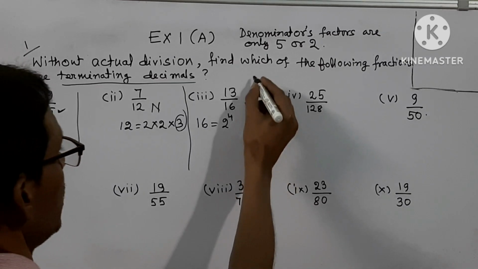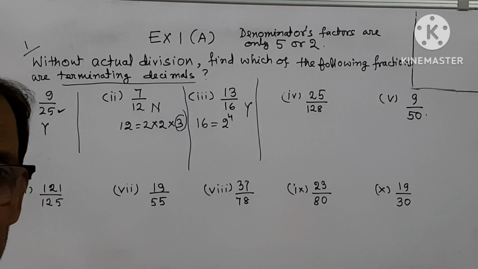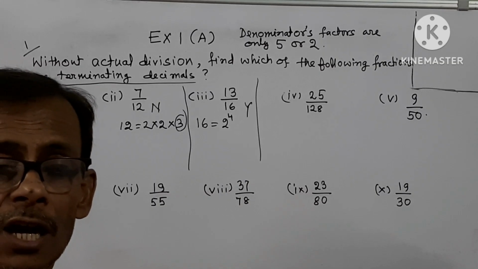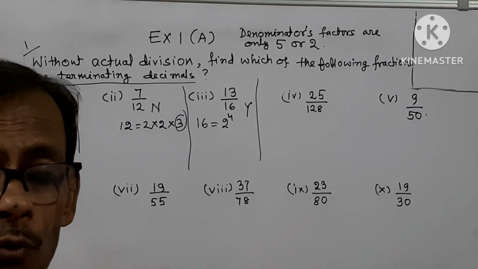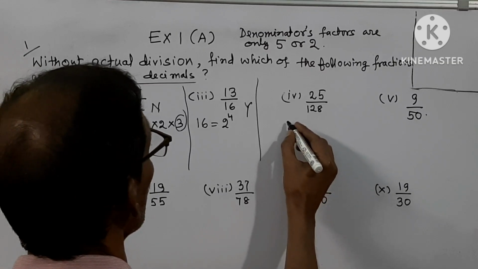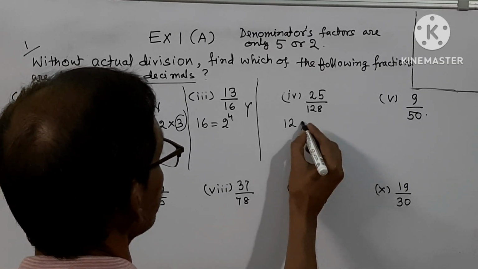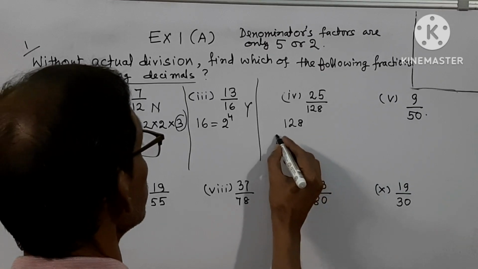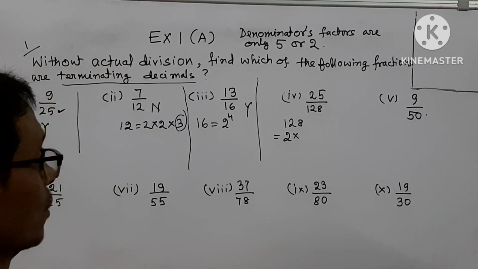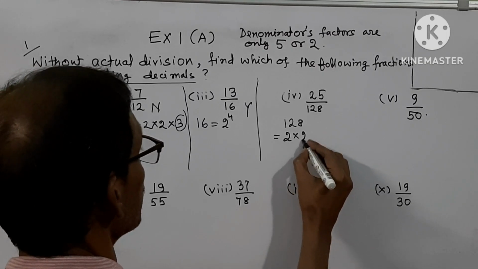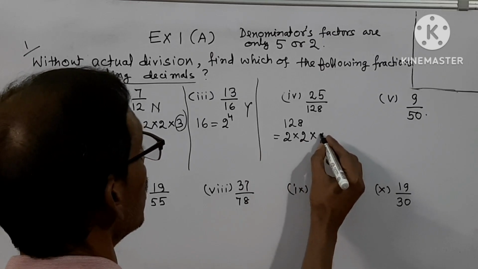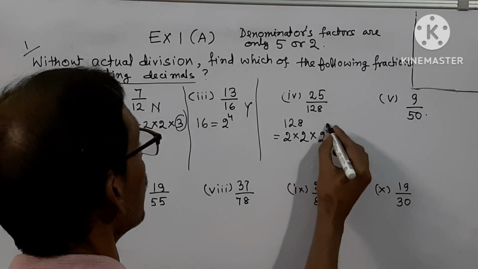You should be very perfect in doing prime factorization, and you have to see whether the factors are only 2 or 5. 128: you know 2 into 64, that means 64, again 2 into 32. 32, again 2 to the power 5.